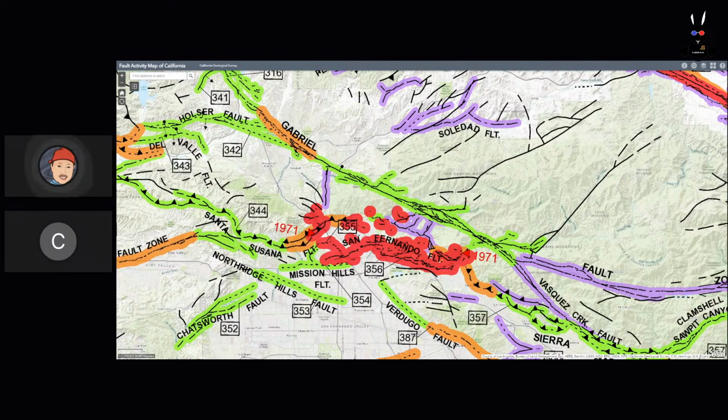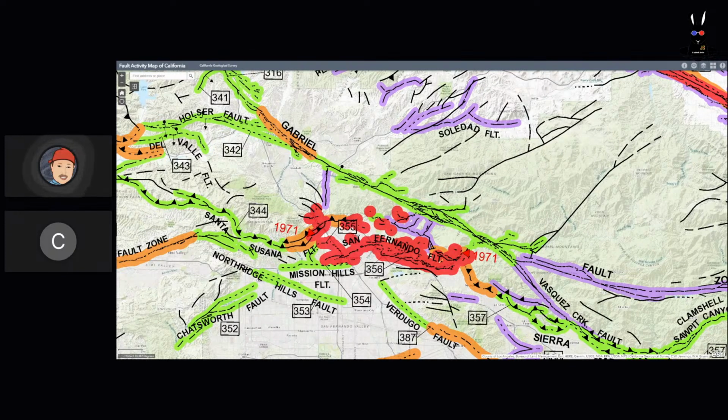All right. 1971 was a 6.6. And the Northridge, 1994. Northridge.